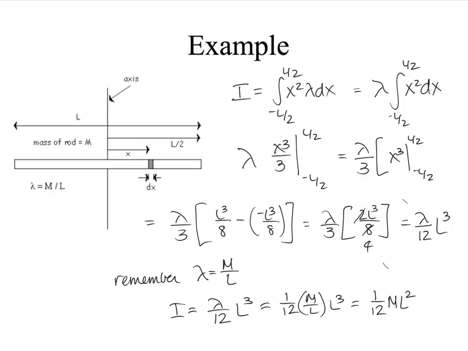And if you compare to some of the tables that you see in your book, you'll see that this is exactly the expression that they have for the moment of inertia of a rod of mass m, length L, where the axis of rotation goes through the center of the rod. And so that's just a simple example of how we can use that expression to find the moment of inertia of an extended mass.